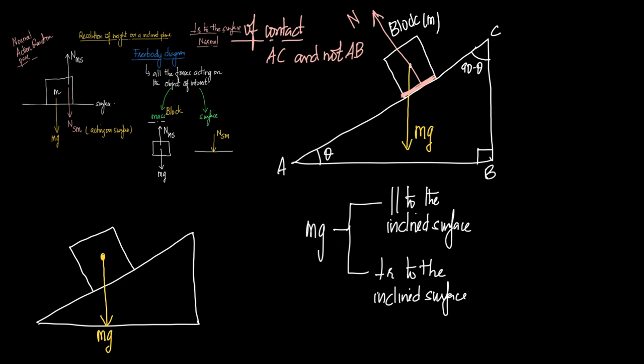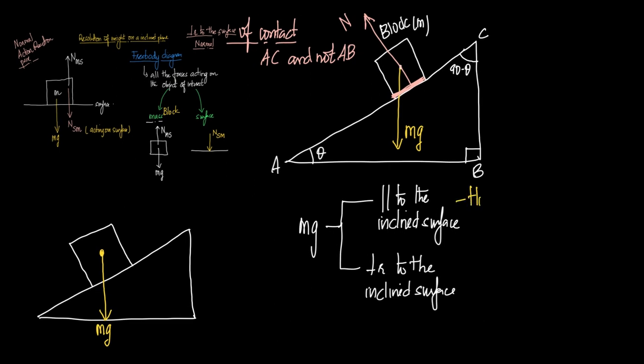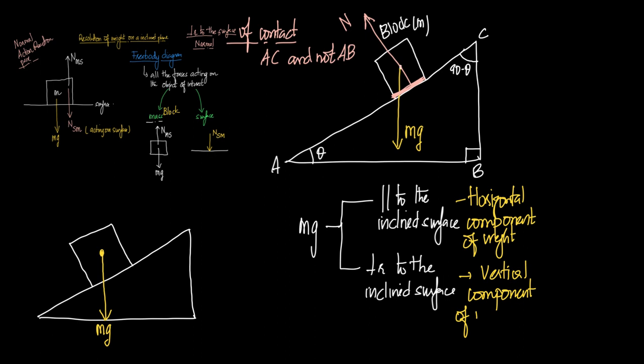So one component is parallel to the inclined surface, and one component is perpendicular to the inclined surface. The one parallel to the inclined surface, we'll call the horizontal component of weight, and the one perpendicular to the inclined surface, we'll call the vertical component of weight.